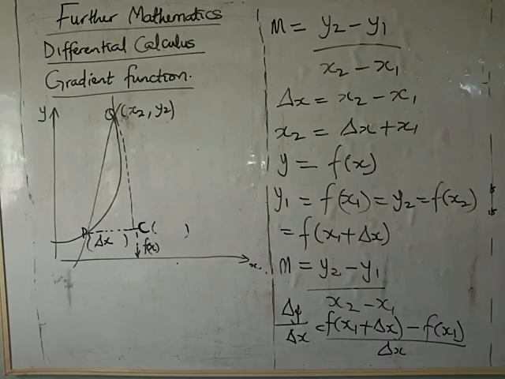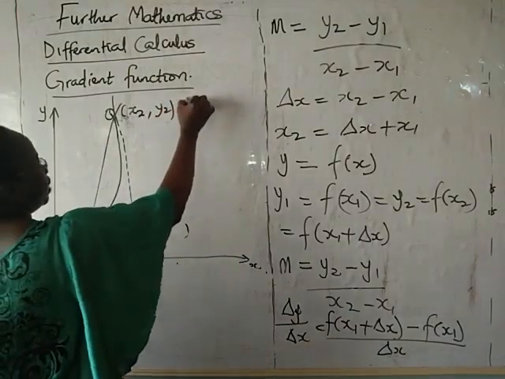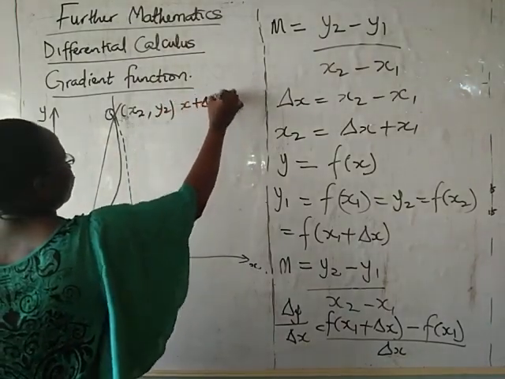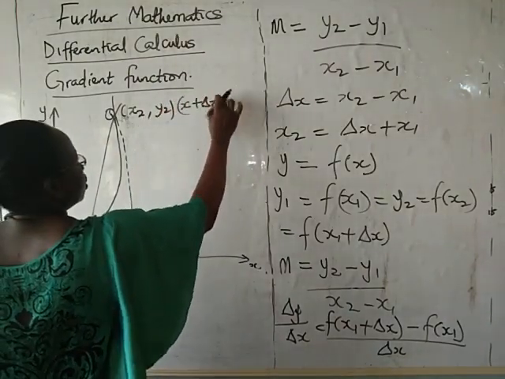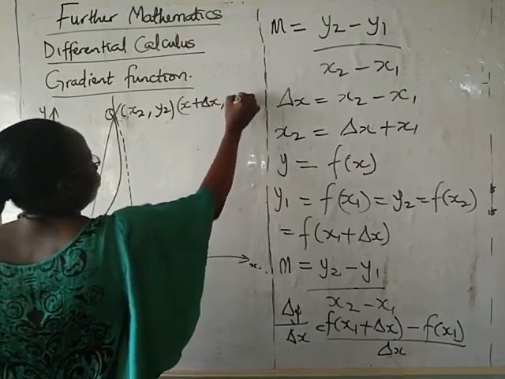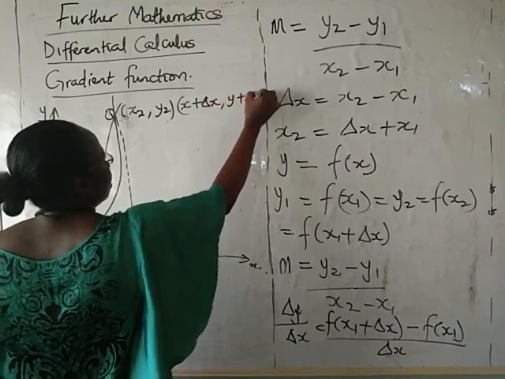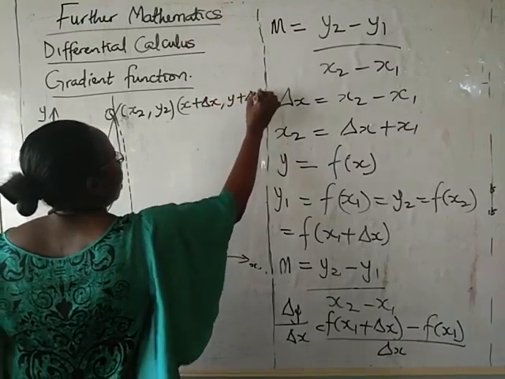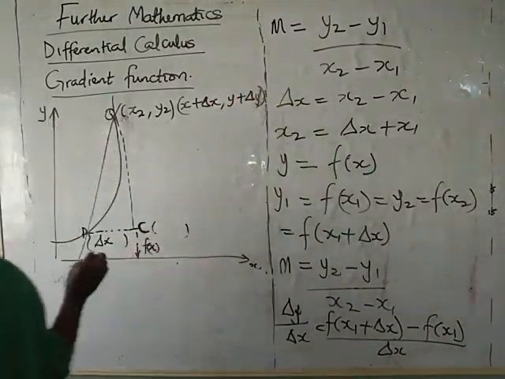So on our y-axis, I have y plus delta y, and at this point, I have x plus delta x. Of course, x is increasing. Then also my y is also increasing. We have y plus delta y here.